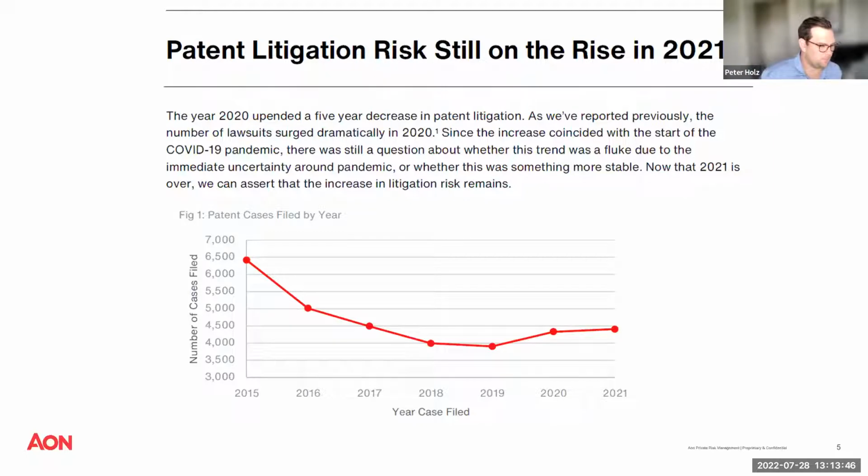Now, why is that? One, we have COVID, and two, early days of COVID, a lot of companies thought that they were going to be entering a recession. Now, I think today we believe we're entering a recessionary environment. I think I saw something on the news that we might, in the US at least, formally be in a recession. But in recessionary environments, you see pretty considerable upticks in litigation.